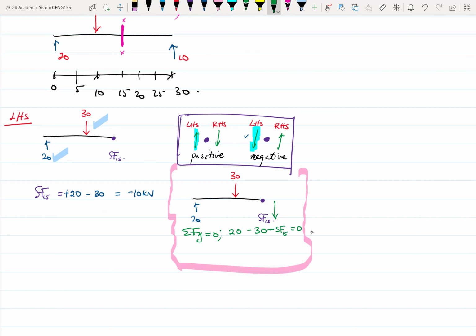So I need to make the SF15 the subject. SF15 will be equal to 20 minus 30, and that is the same as minus 10 kilonewtons. They both are the same. They both work out quite well.